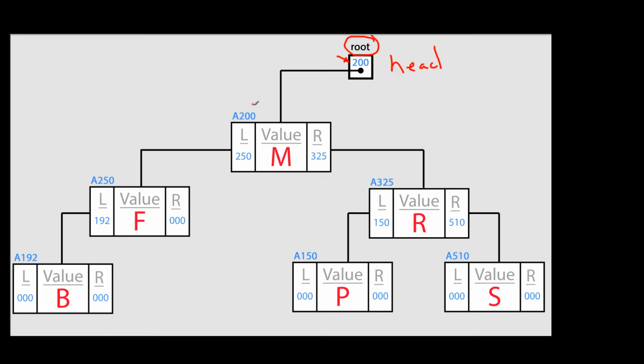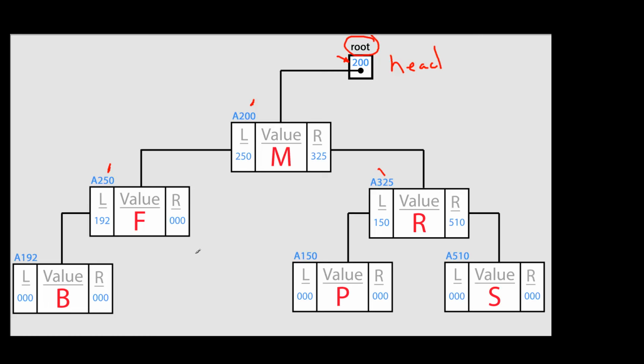So here's address 200, and then address 200 contains a node, and that node contains two other pointers, one pointing to the left at address 250, which is right here, and then it also contains a pointer pointing to the right, to address 325, so that's pointing right here. And then the same thing happens for the other nodes, right? So this node here, left is pointing to address 192.